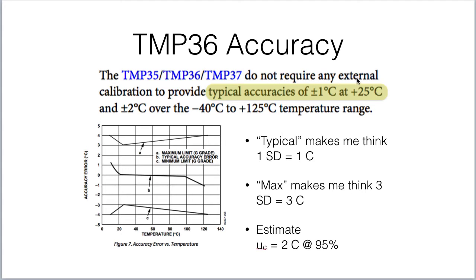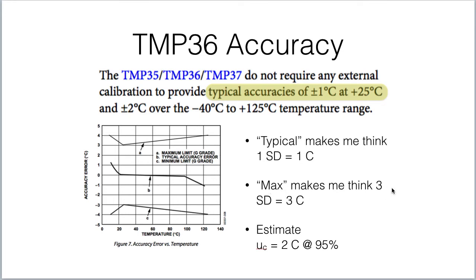Well, this says it does not require any external calibration, so if we just pick a TMP36, we'll get a typical accuracy of about plus or minus 1 degree. This typical makes me think 1 standard deviation is 1 degree Celsius. And over the full range, plus or minus 2 degrees Celsius.